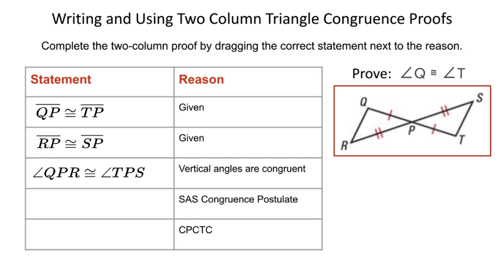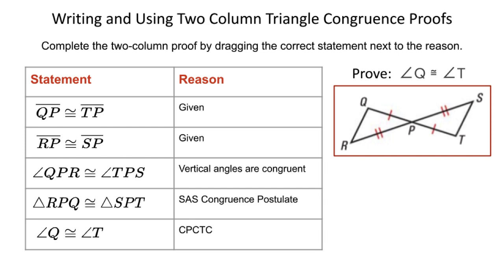So by side angle side, triangle RPQ is congruent to triangle SPT. And now I can state that angle Q is congruent to angle T. Notice those angles both come last in each triangle name, by CPCTC.